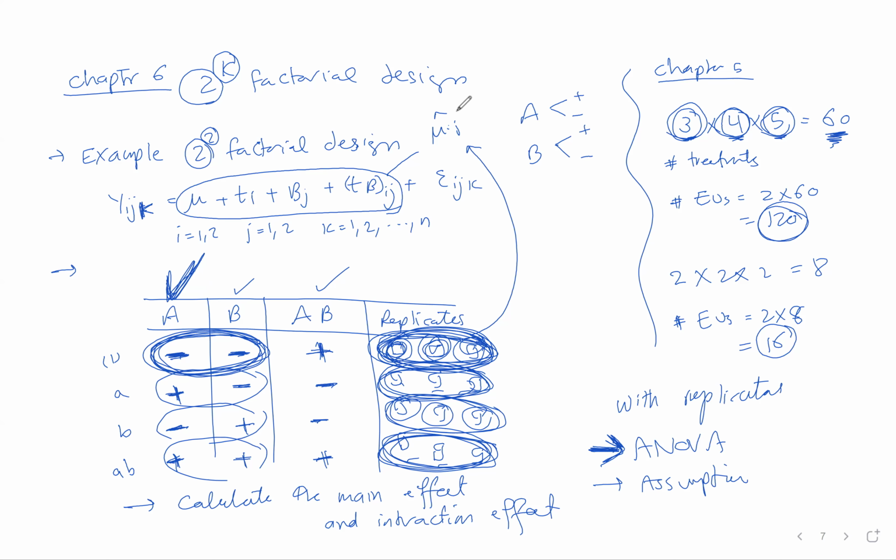And mu ij is the estimation of mu plus tau i plus beta j plus tau beta ij. If I asked you to estimate tau i only, it would be a little complicated. So this is why you ask R to give it to you. In chapter 3 or 4, we practiced on R, asking R to give me the estimation of tau i, beta j, tau beta ij by R, but not by hand.